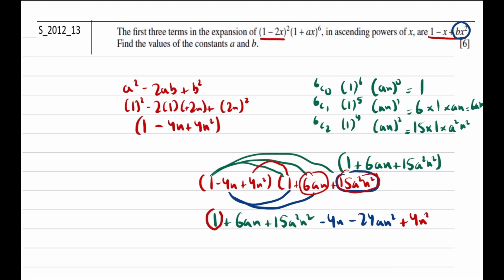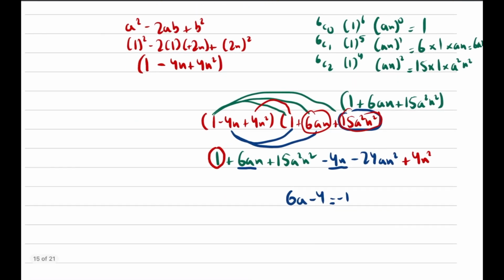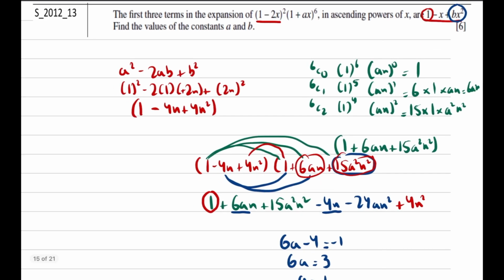Got this, बच्चों? Okay, let's compare. What's written here as a constant? 1 and here also. That's sorted out. What's written with x? 6a and minus 4. And ऊपर क्या लिखा है? Minus 1. So can I say that 6a minus 4 is equal to minus 1? 6a is equal to minus 1 plus 4, which is what? 3. a की value is what? 1 upon 2. Once you get the value of a, what's written with x square बच्चे? bx square.